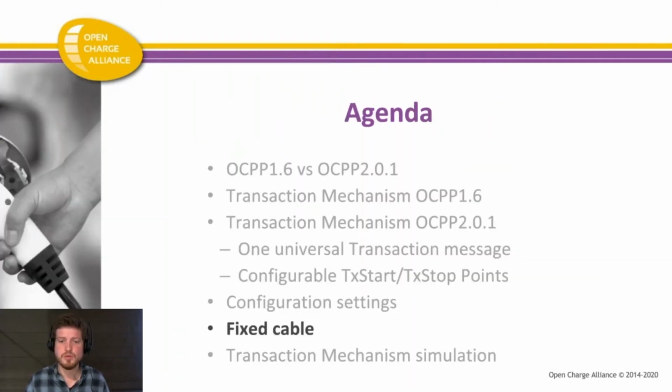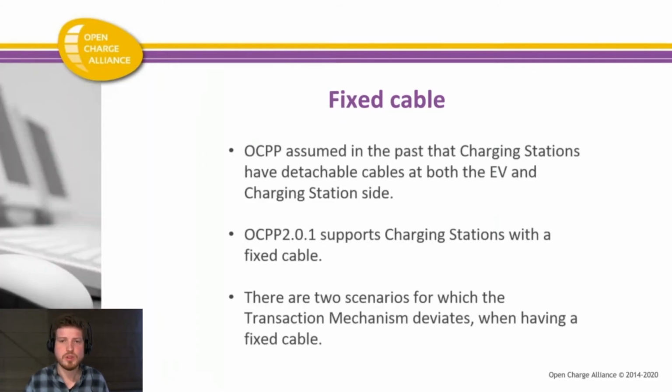Now I want to briefly go over the fixed cable. OCPP always assumed that the cable was detachable on both sides, but there are a lot of charging stations in the field that have a fixed cable on the charging station side.